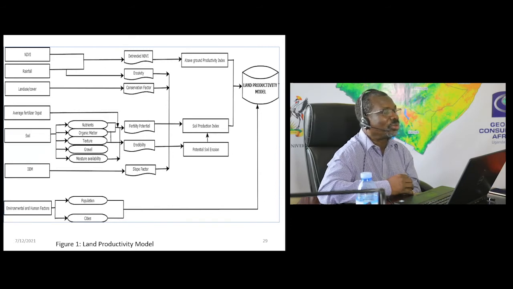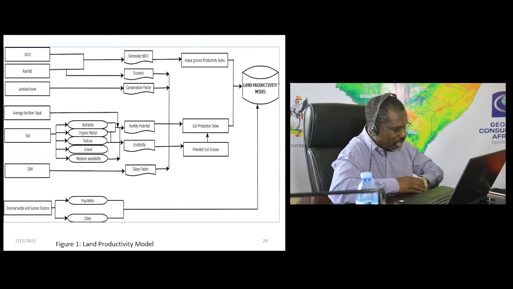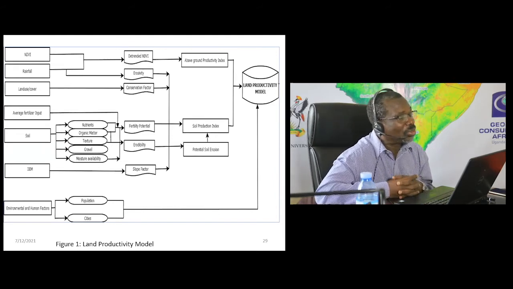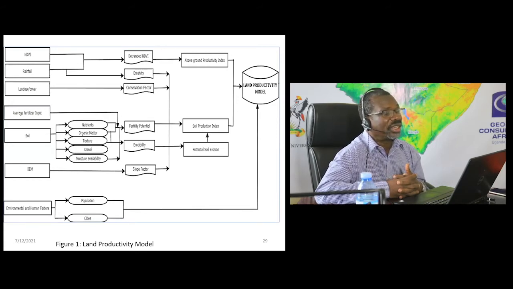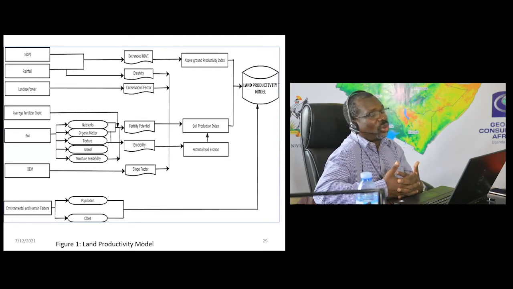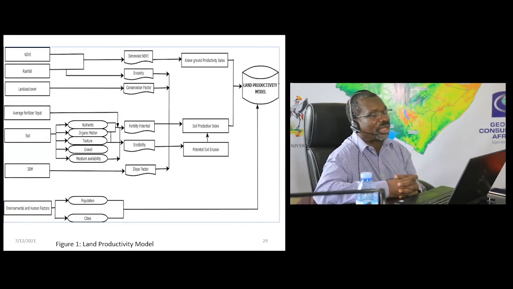Our conceptual model is the one I've presented there, and this model basically considers, if you look on the left, two basic models: the above ground productivity index, but also the soil productivity index. I will come back to this. It was assumed that the two could have conferred to us a land productivity model.